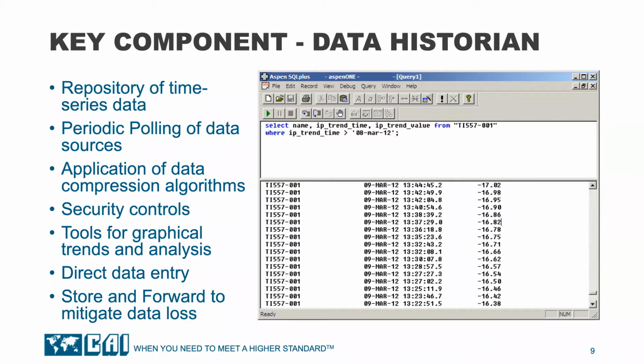Data historians have software programs which collect data from the data sources. These data collector programs can be installed on the same level, level 2, as the data sources.